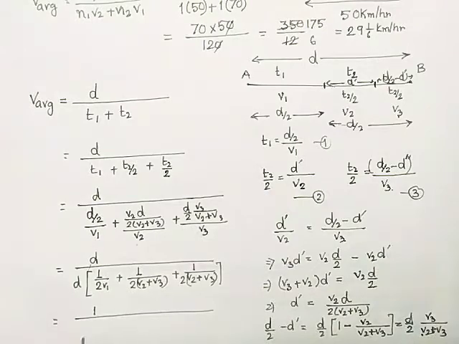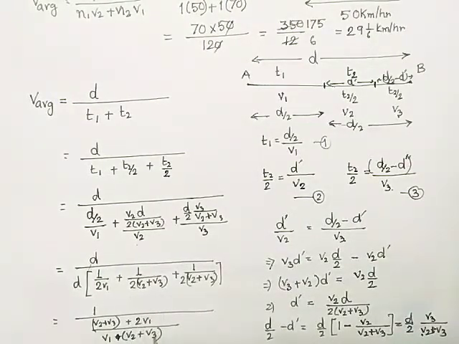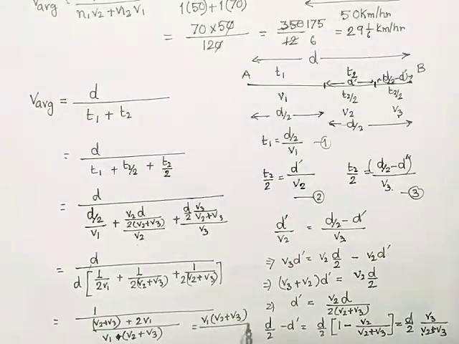So from here it is v1 into v2 plus v3, this is the LCM, and this thing is 2 times. So we can say this is 2 v1 plus v2 plus v3. If I take the reciprocal, this will be the answer, that is v1 into v2 plus v3 divided by v2 plus v3 plus 2 v1, that is the average velocity.